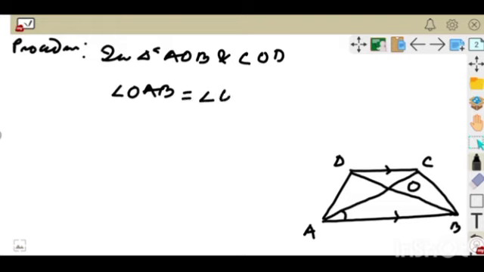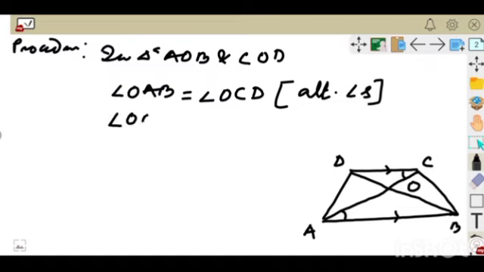Angle OCD. This angle. You will write here alternate angles. Next, let me write angle OBA. OBA will be equal to what? Angle ODC. ODC. Here the same reason we have to give.